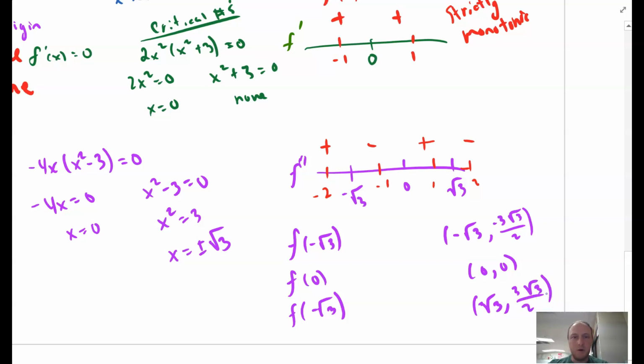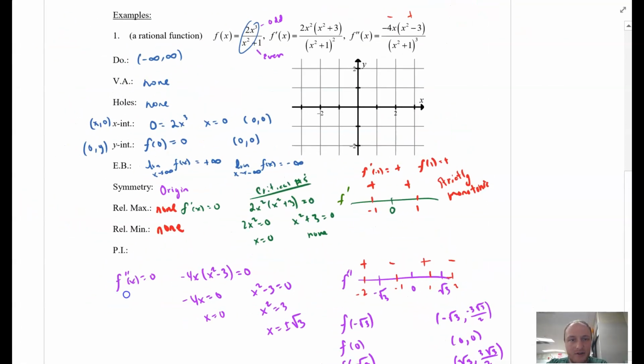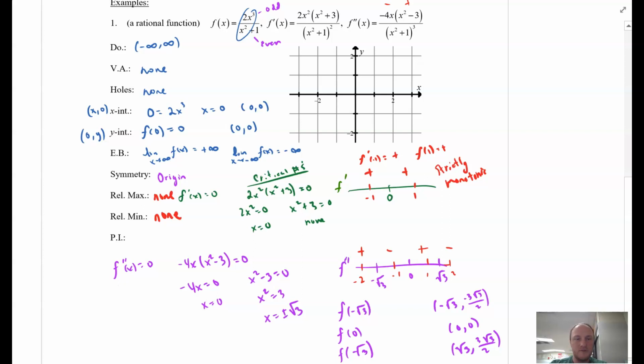All right, so let's go ahead and sketch all this. Okay, domain is all reals, no vertical asymptotes or holes. I have an intercept at 0. Okay, there it is. My end behavior is positive infinity as x goes to positive infinity, so I'm coming up here, and negative infinity as I come down here.